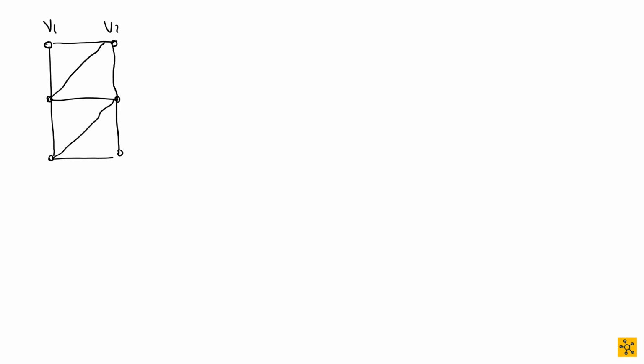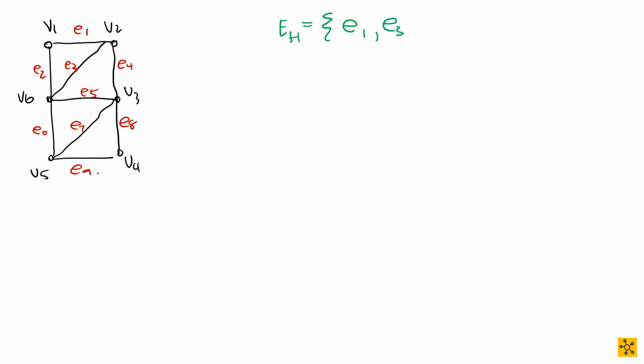And you have V1, V2, V3, V4, V5, V6, E1, E2, E3, E4, E5, E6, E7, E8, and E9. Now we're going to create an edge-induced subgraph. So H is going to be equal to, and we're going to induce the subgraph with the edges E1, E3, and E9.